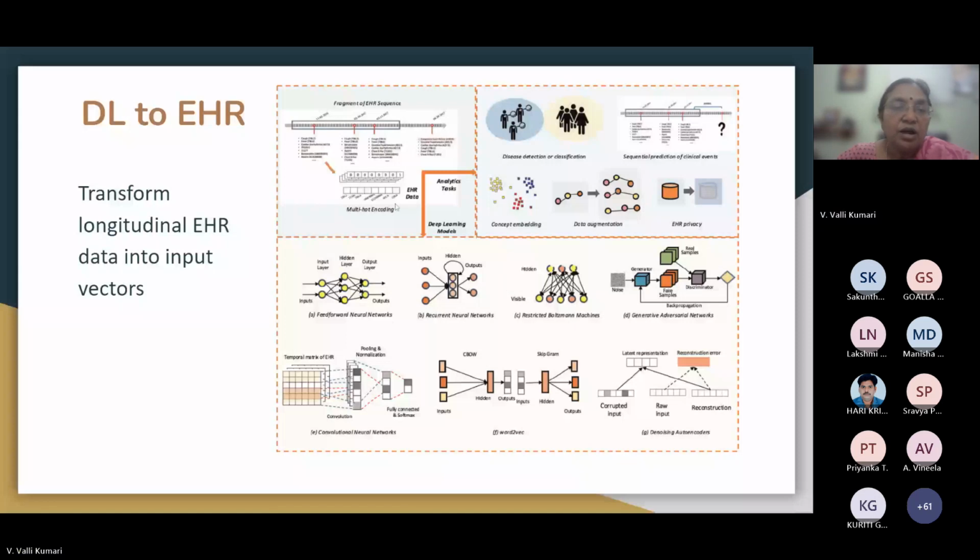So how do you transform it? You have one hot encoding, and for each of the keywords you generate a vector. All such vectors put together, you give as input to the neural network model.